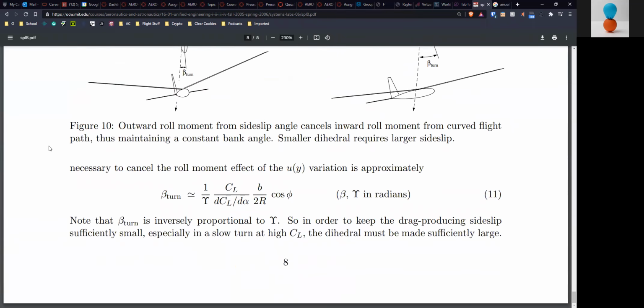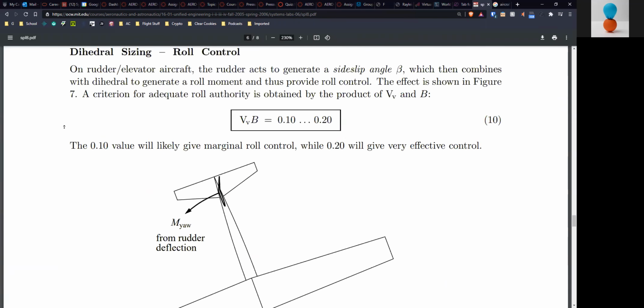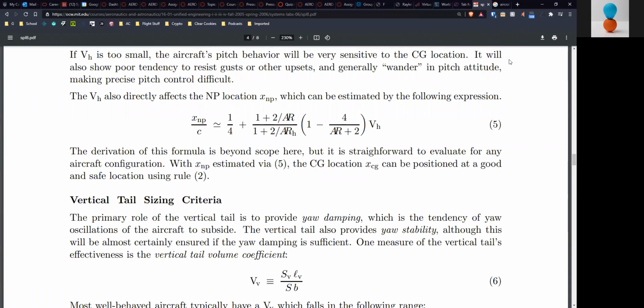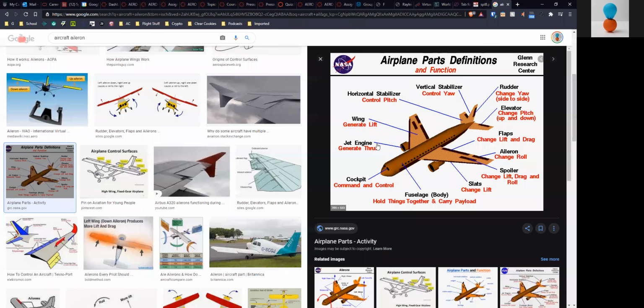More dihedral stuff. Another thing that's good to know, in case you didn't, and I think I said this before, is that planes don't turn by just pushing the rudder sideways and then pushing the nose sideways and then suddenly magically traveling in that direction.